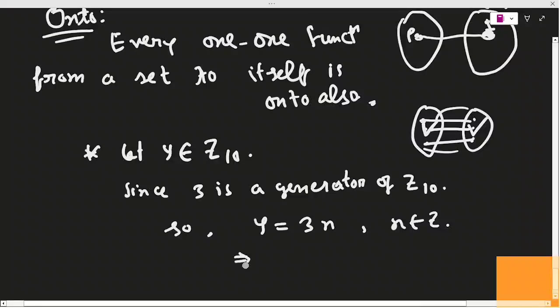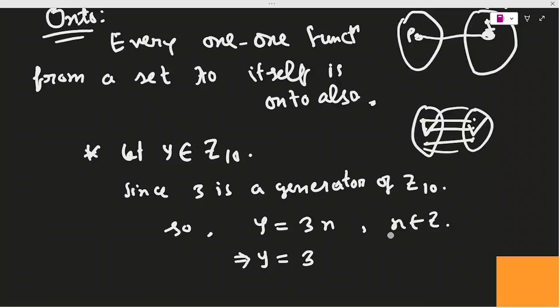This will imply y equal thrice n, which is equal to pi 3 of n.